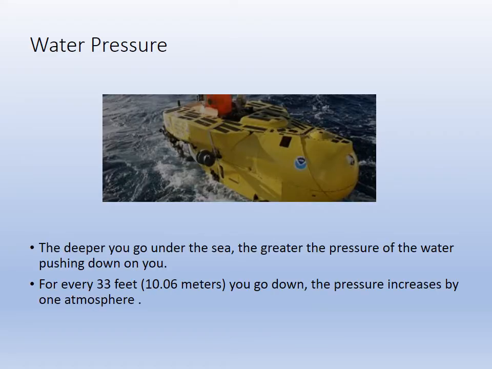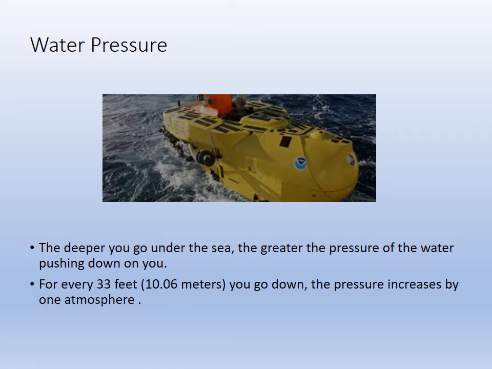The deeper you go, the greater the pressure. We know that. Every 33 feet, or about 10 meters, you increase your pressure by one atmosphere. The whole atmosphere pushing down on you is sea level. 33 feet down, you're at 2 atmospheres. 66 feet, 3 atmospheres.